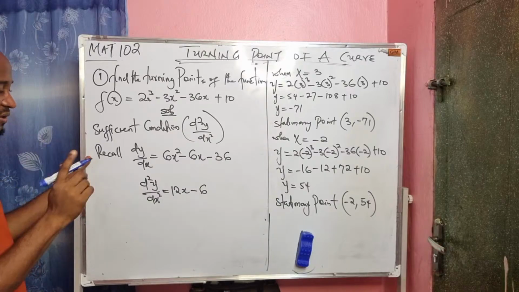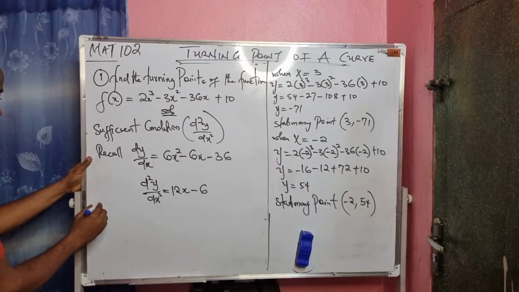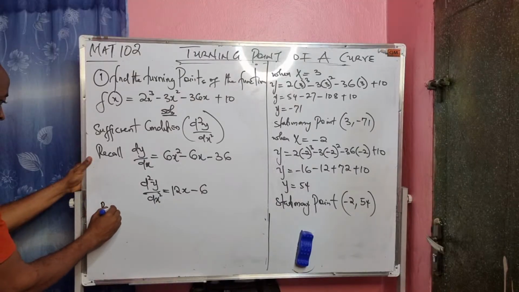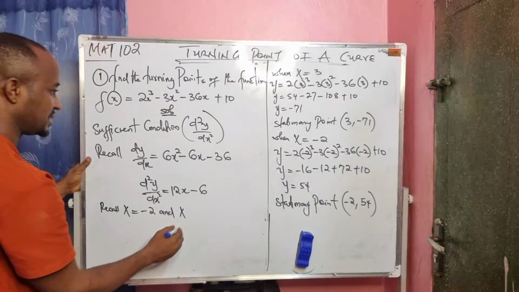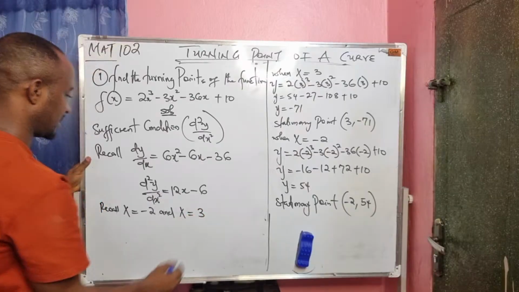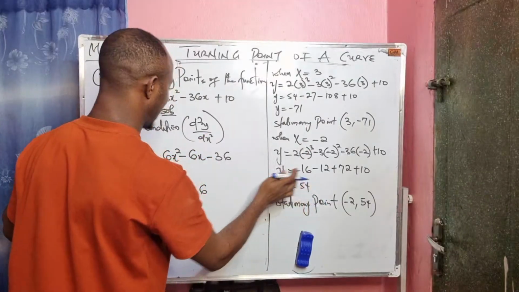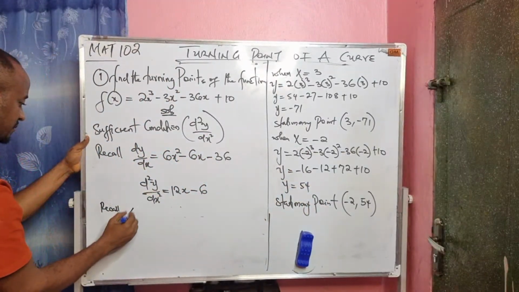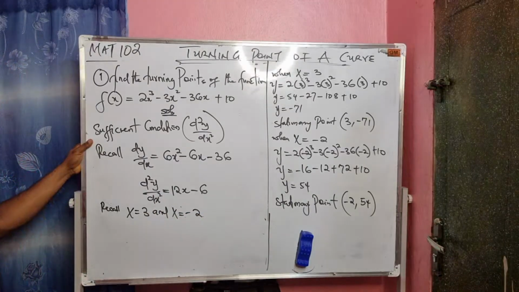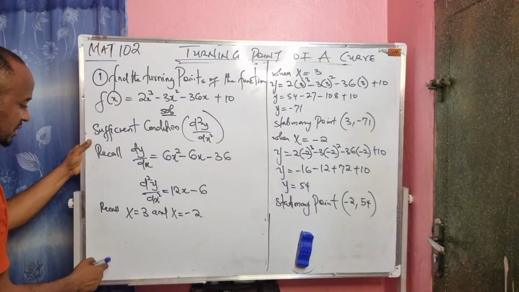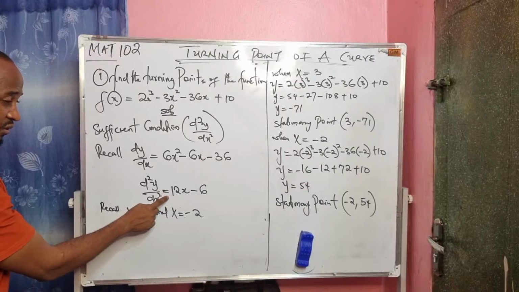But don't forget the two values of x we have. Recall that x equals 3 and x equals minus 2. Let me start with x equals 3. What we do here is put the value of x as 3 into this function.